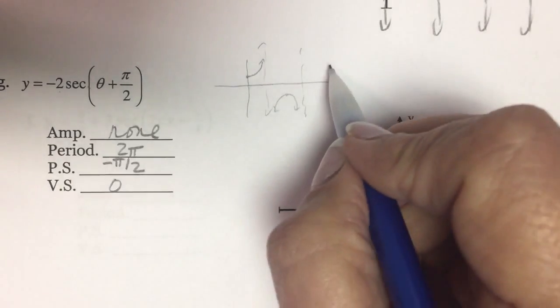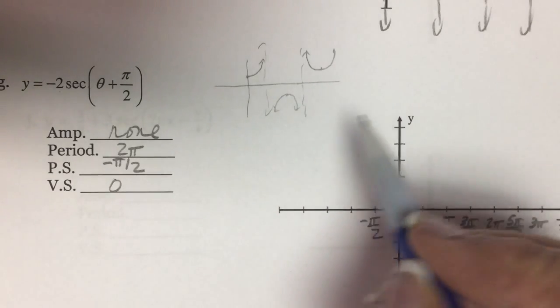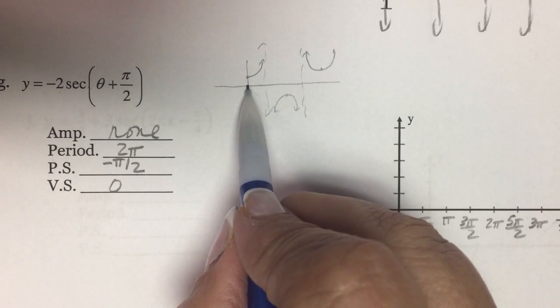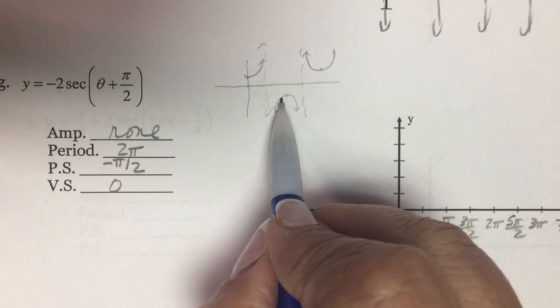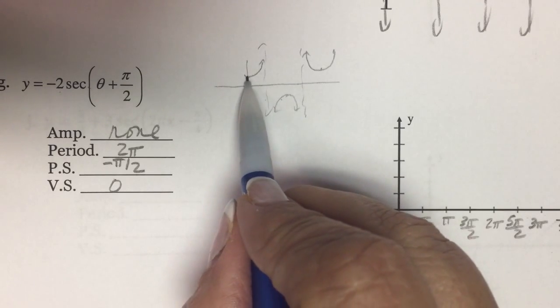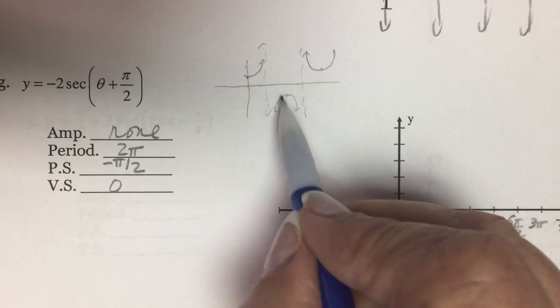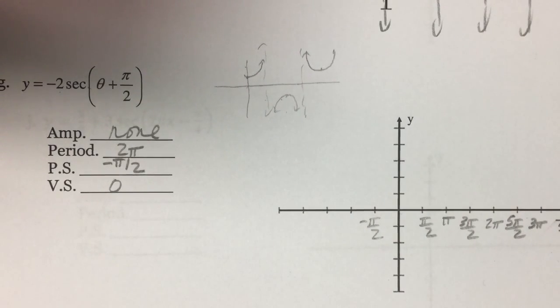So here's what the 2 does. Right now, there's 2 spaces. So from the middle axis, you go up 1 and down 1 to get these 2 points. For the 2, you're going to go up 2, and for this one, you're going to go down 2. So it widens the space between the branches. So that's what the 2 does.